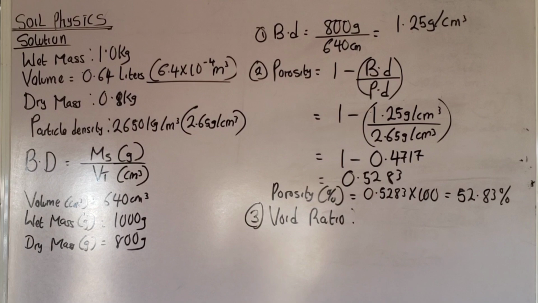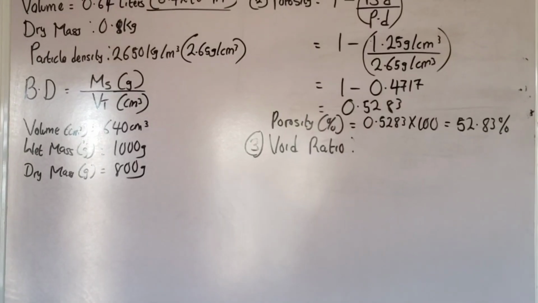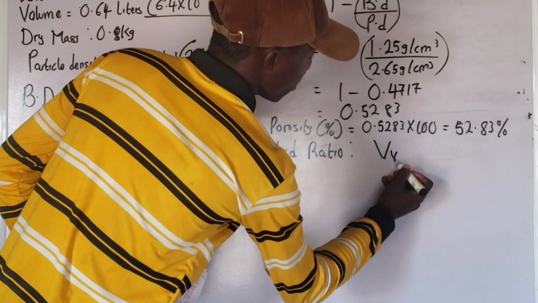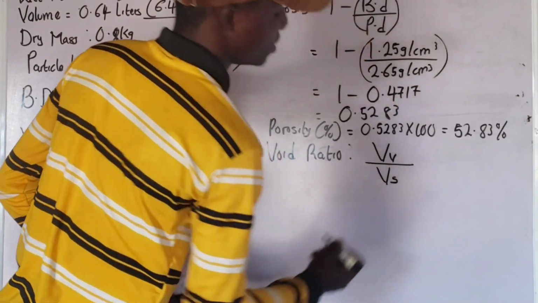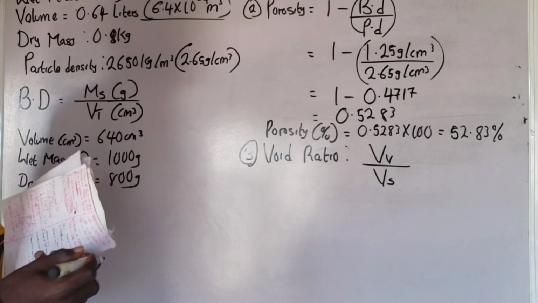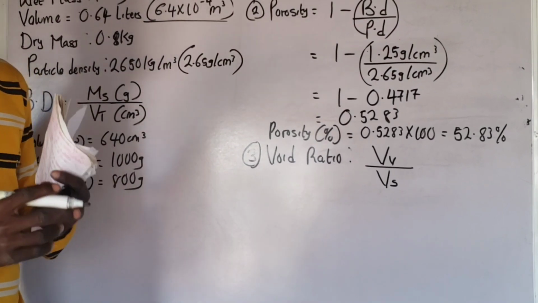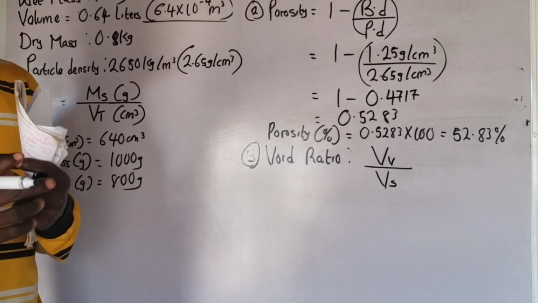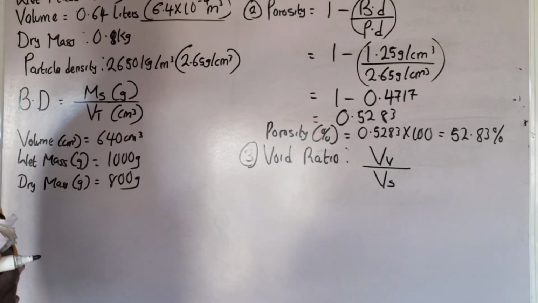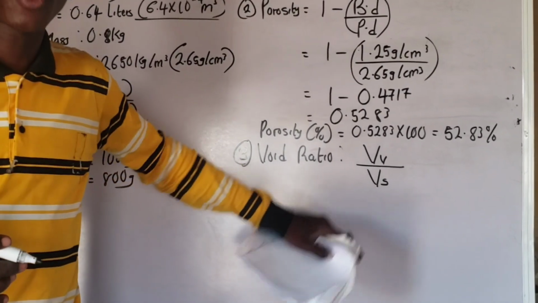Now, how do we determine the void ratio? Void ratio is given by this formula: volume of the void all over the volume of the solid. This is the formula for calculating void ratio. You understand? Now please, I want you to pay attention. In our previous class, we did void space. We were asked to calculate void space. Now we are asked to calculate void ratio.